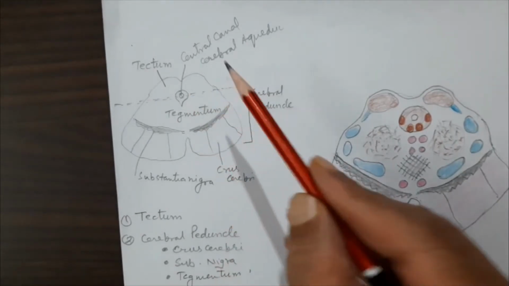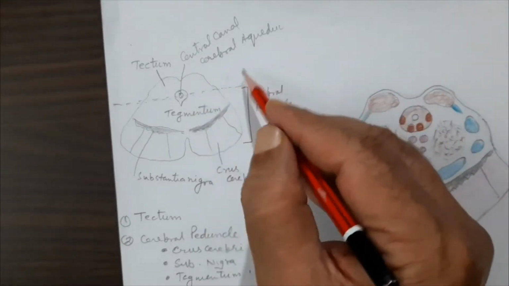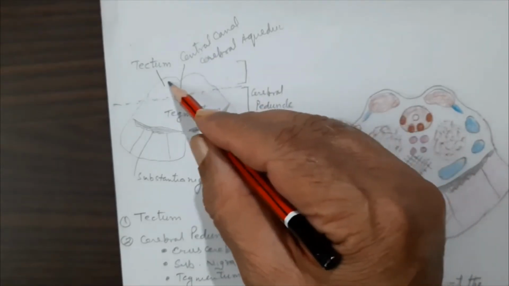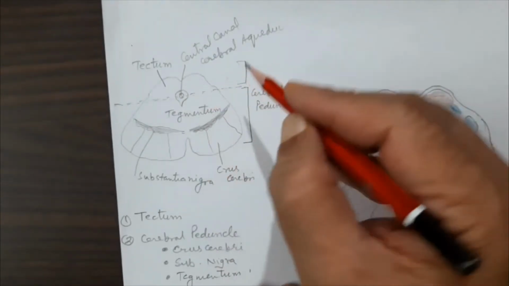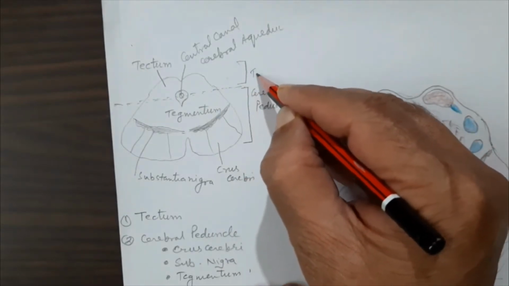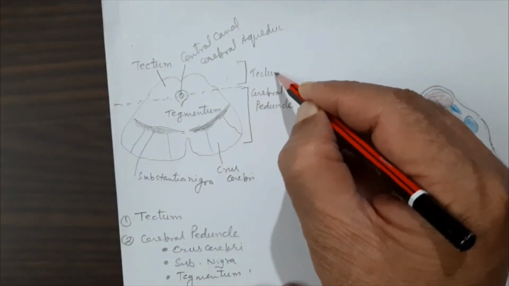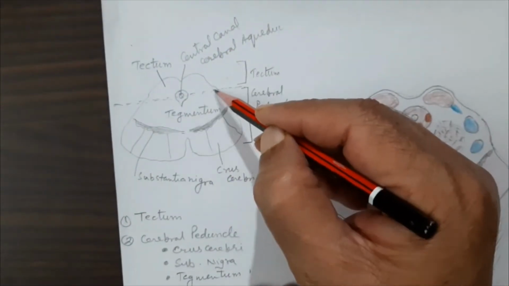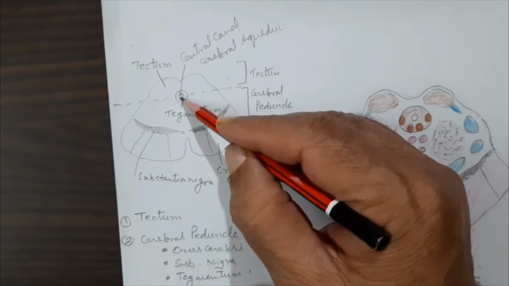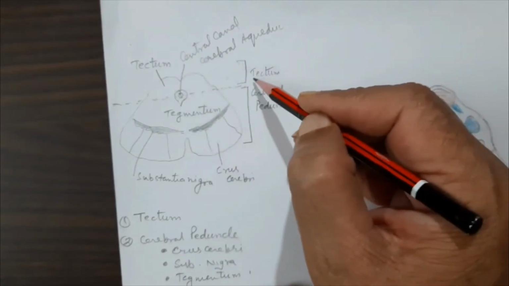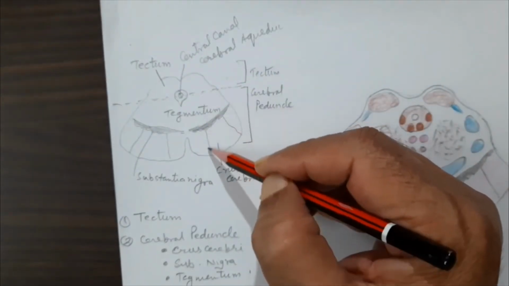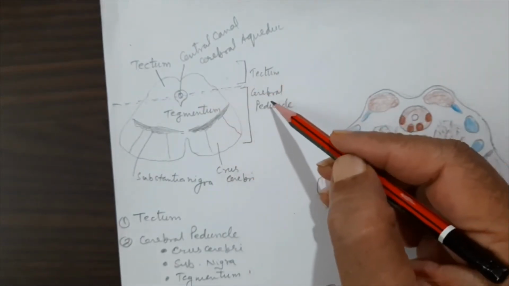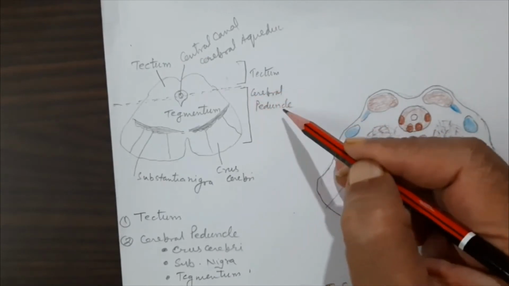Whatsoever part lies above, towards the dorsal aspect, where colliculi or corpora quadrigemina are present, this part is called the tectum. So posterior to this imaginary line passing through the cerebral aqueduct is the tectum, and whatsoever part lies ventral to this imaginary line is called the cerebral peduncle.